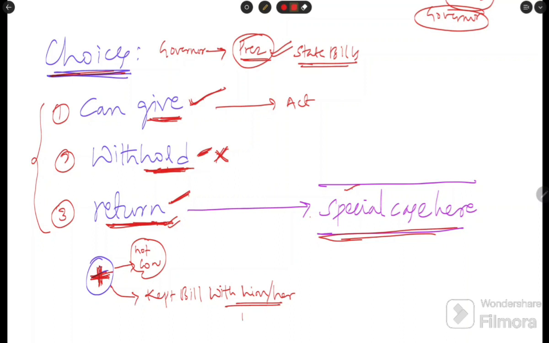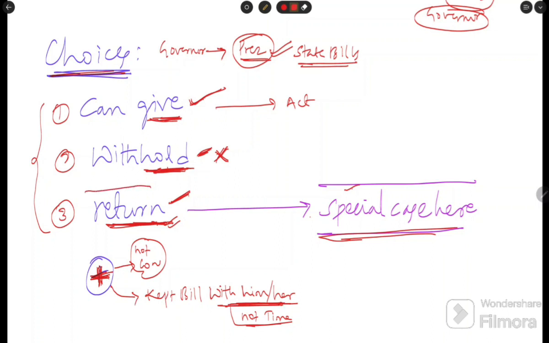Because the constitution has not mentioned the time limit within which the president needs to give the assent. That's why the president can keep the bill without taking any of the choices. The bill does not become dead permanently, but it is in an arrested position, I would say. This is one of the choices.